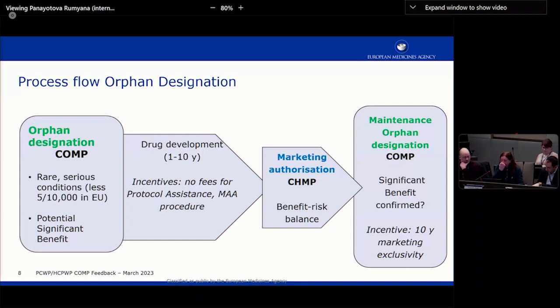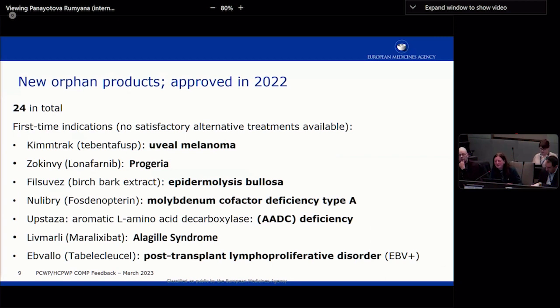Next slide, please. So last year there were 24 orphan medicine products authorized by the CHMP that also got the final orphan designation, the maintenance of that, by the COMP. 24 of 89, so it's quite a lot, about 25 to 30%, and it's still increasing interest.